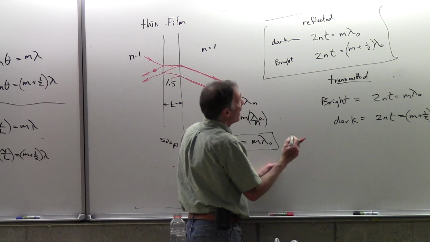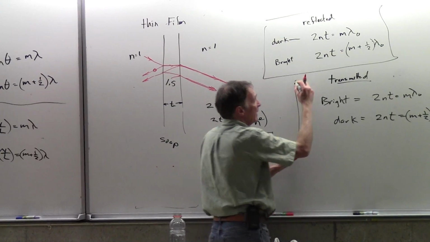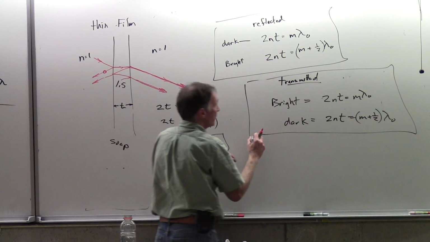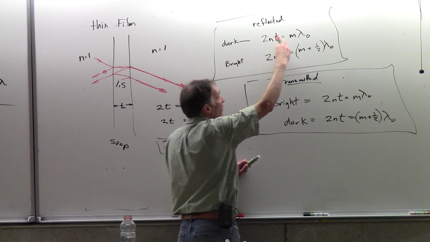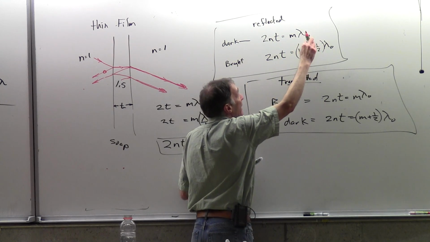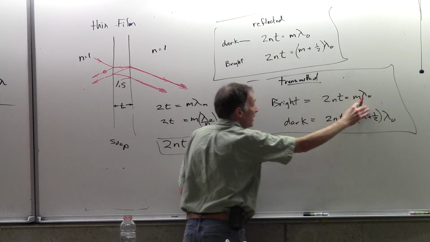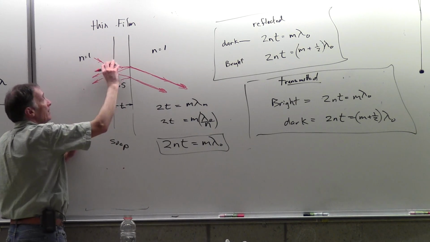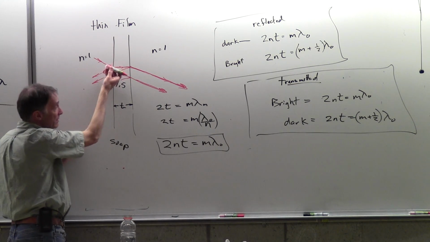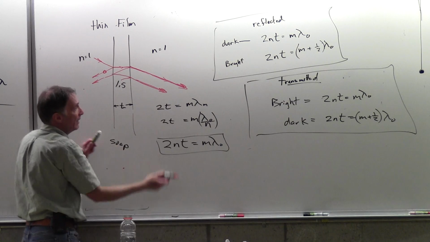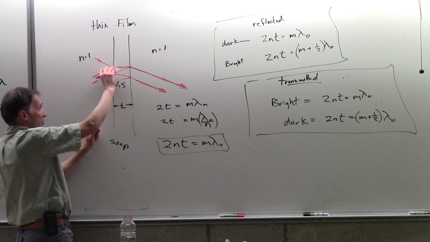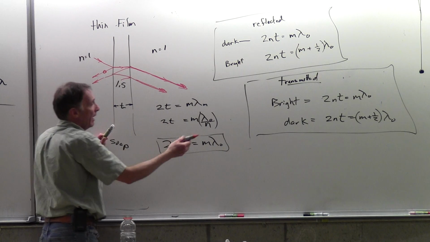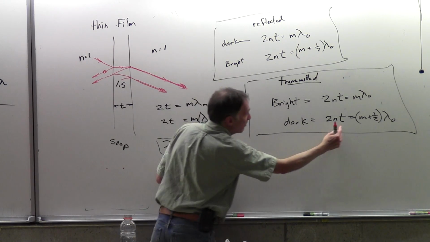So you notice that what happened with reflected light as compared to what's transmitted: this gave me a dark reflection, and it ended up being a bright transmission. So basically any light that was blocked going this way ends up going that way. Where this was bright on reflection, where we got a strong reflected light, the transmitted one would end up being dark.